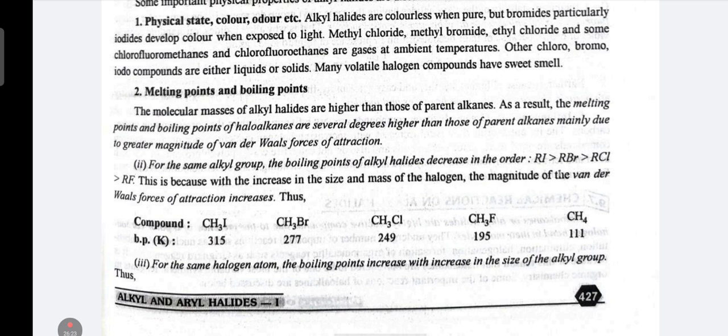For the same alkyl group, the boiling point of alkyl halides decreases in the order RI, RBr, RCl, RF. This is because there is an increase in the size and mass of the halogen, so the magnitude of van der Waals forces of attraction increases.